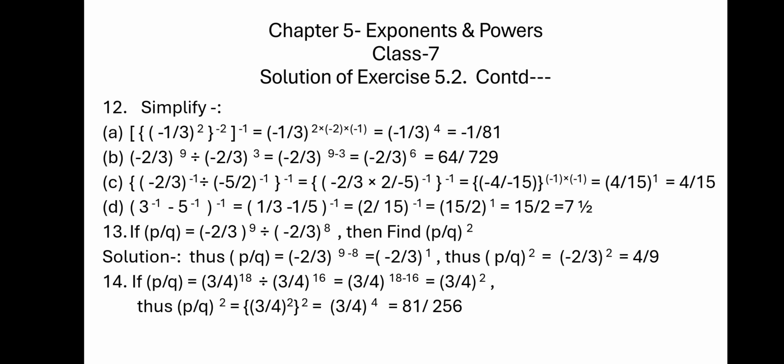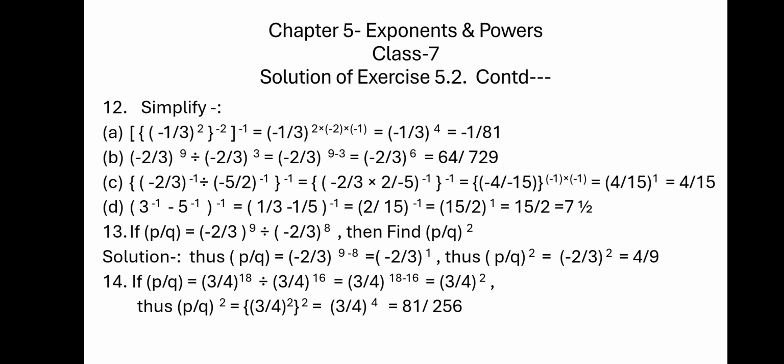So therefore negative 2 upon 3 multiplied by 2 upon negative 5 raised to the power of negative 1 and whole raised to the power of 1. So negative 4 upon negative 15 raised to the power of negative 1 into negative 1, and that is why 4 upon 15 to the power of 1 gives you 4 upon 15.